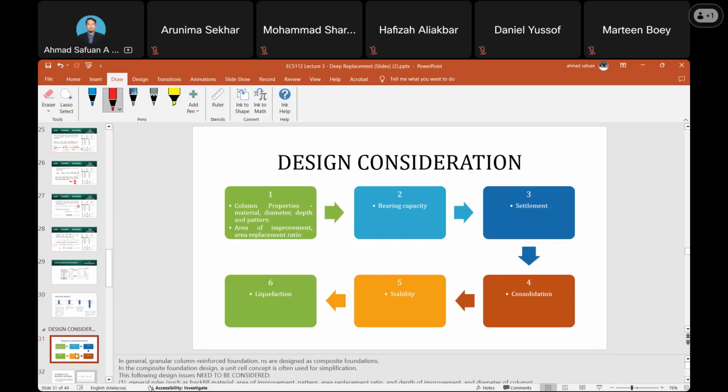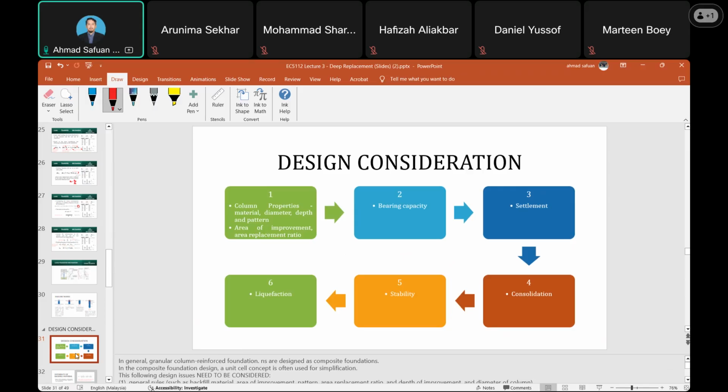This is for the design considerations. First, we look at the column properties in terms of the material, diameter, depth, and patterns.